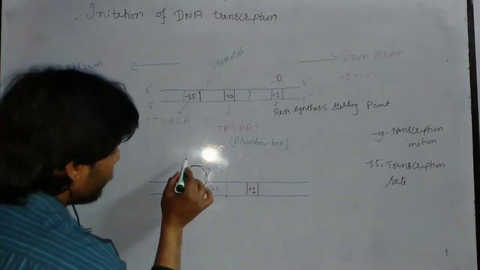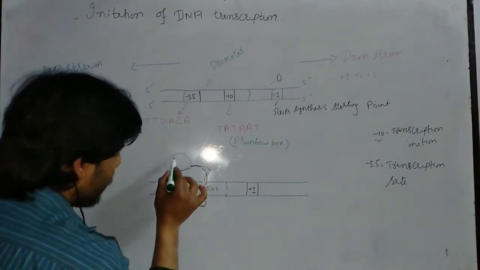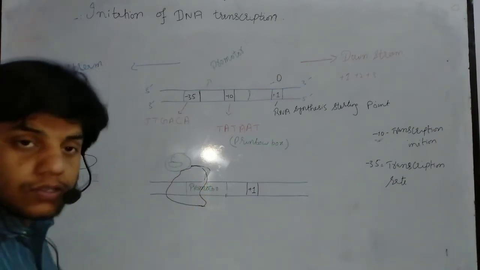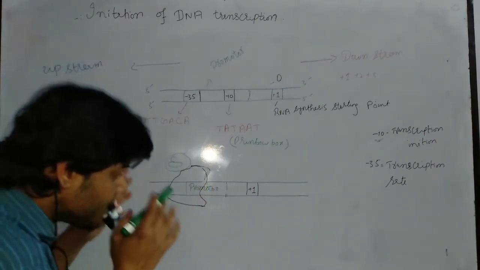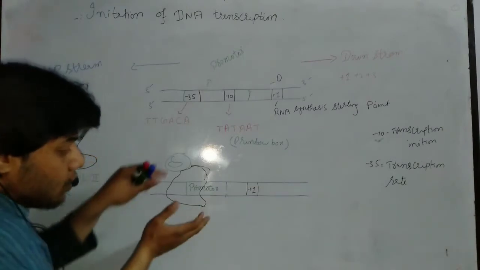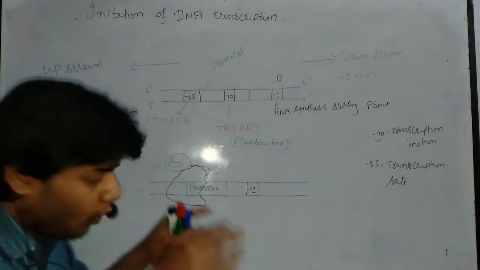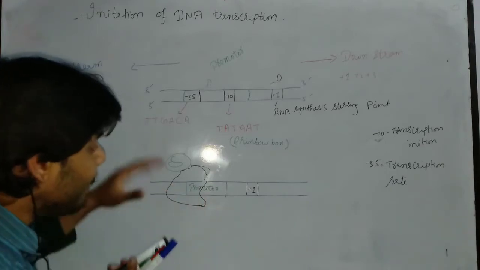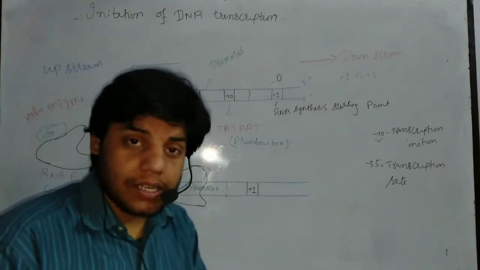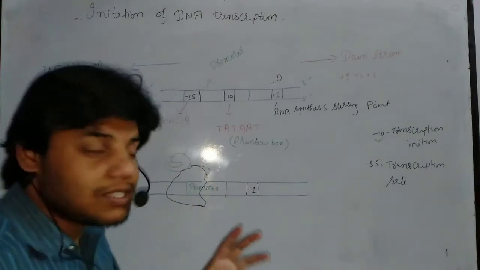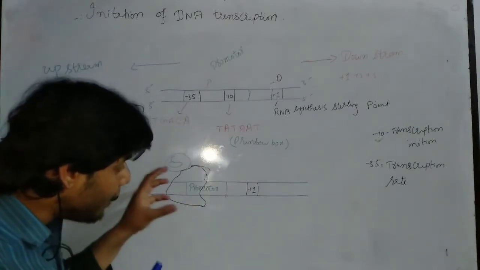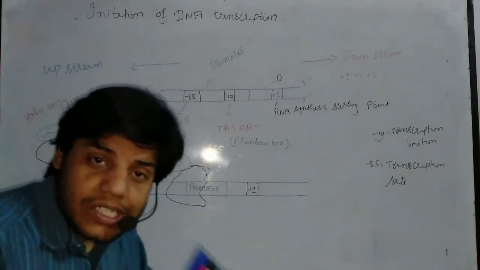So when the sigma factor binds with this RNA polymerase 2, it is bound very loosely on the promoter region, but when it binds with the sigma factor, it becomes activated and binds with the promoter region tightly.